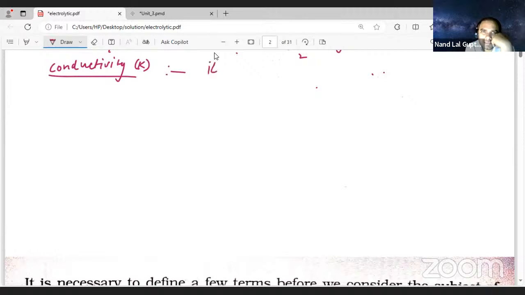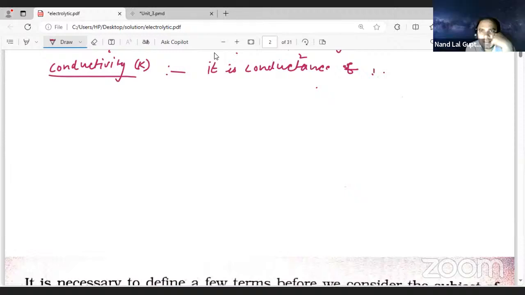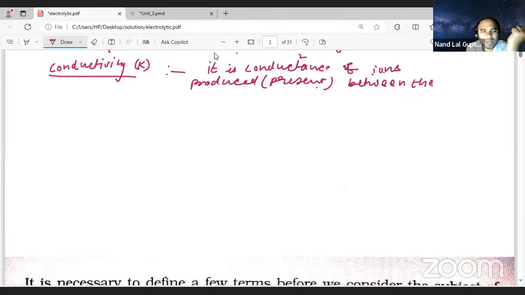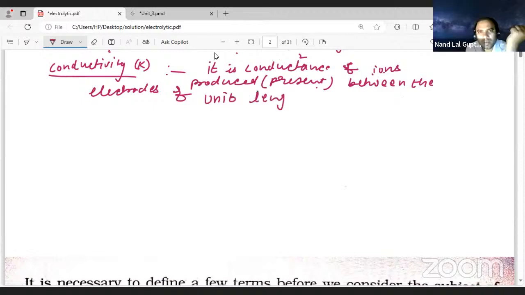What they are saying, it is the conductance of ions produced, or ions present, between the electrodes of unit length and unit area of cross section.